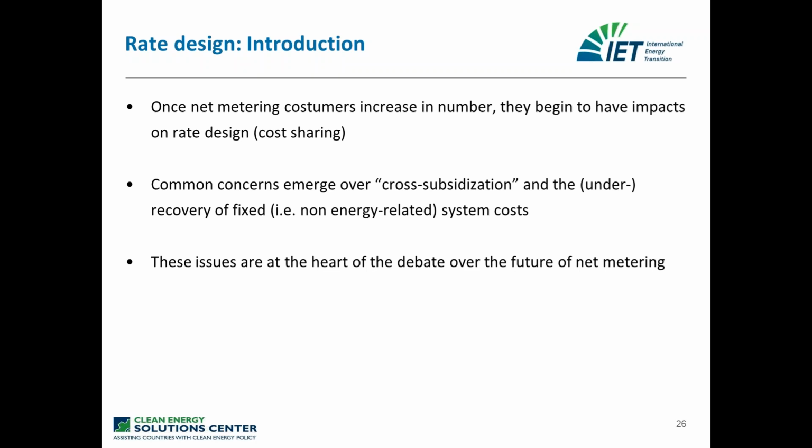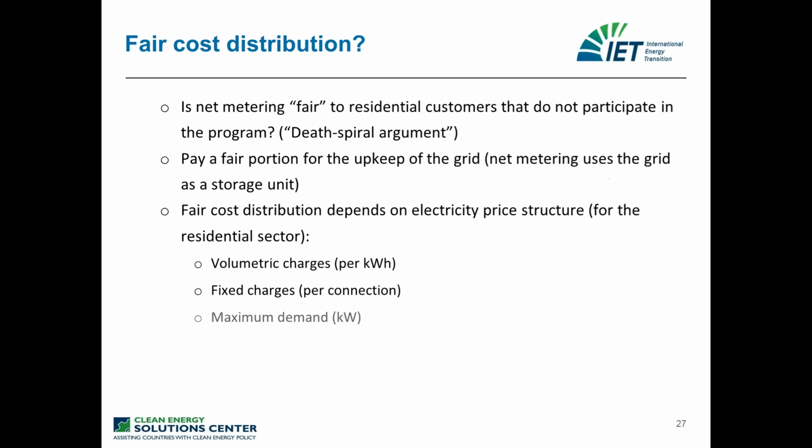However, when you don't change the rate structure, this is the general line of argumentation, then the non-prosumers would actually cross-subsidize them, because they're no longer paying their fair part in order to refinance the hardware, the grid of the electricity network.